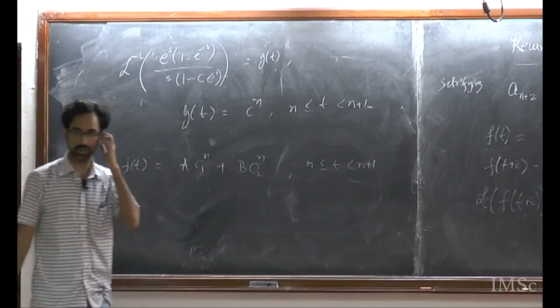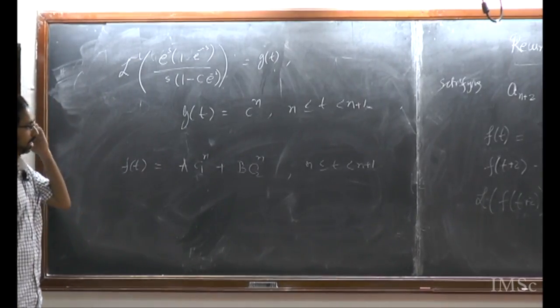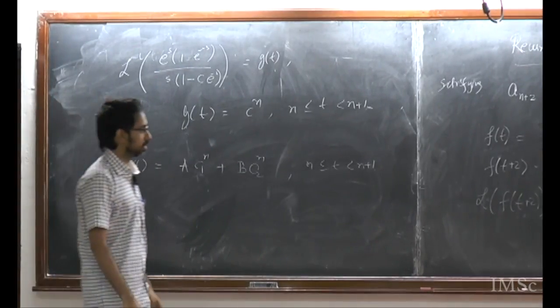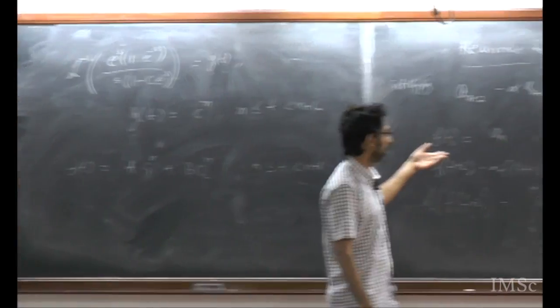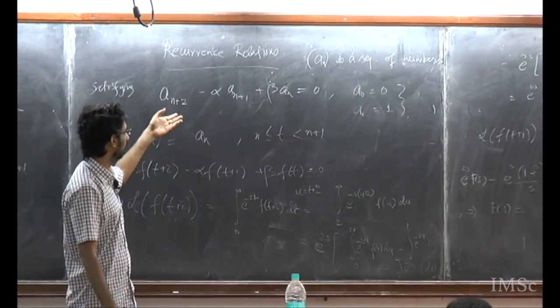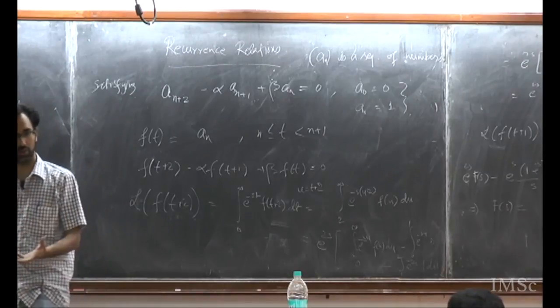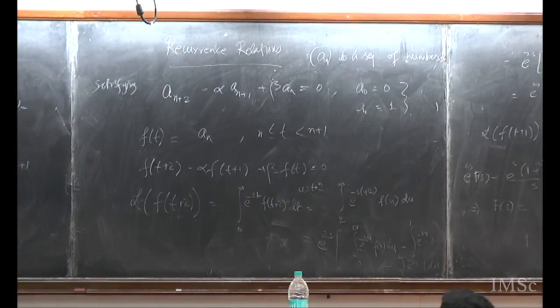Do you understand this process? I went a bit fast, but the idea is to use a function. You have a sequence of numbers, you make a function out of it, and you try to apply the Laplace transform to this function.